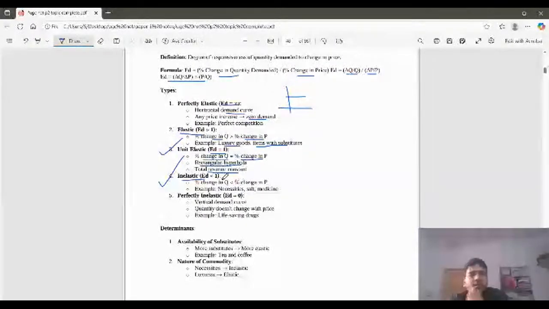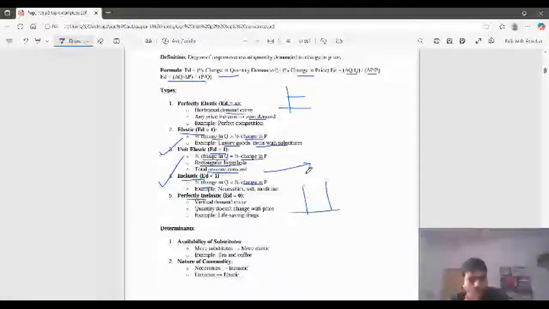Inelastic means ED is less than one. It means that the change in price is more than the change in quantity demanded. Perfectly inelastic demand is a vertical demand curve, like this is the curve for perfectly inelastic demand.